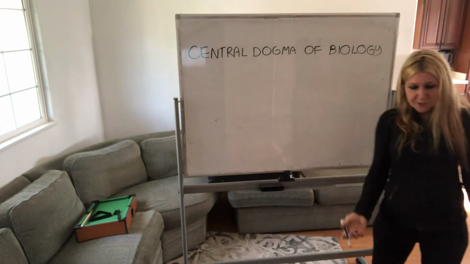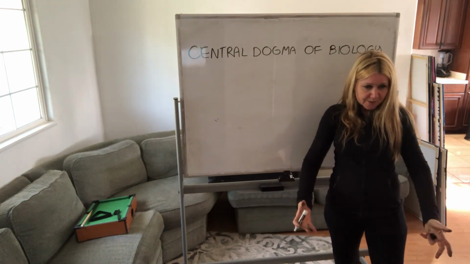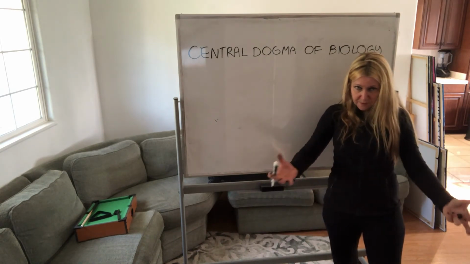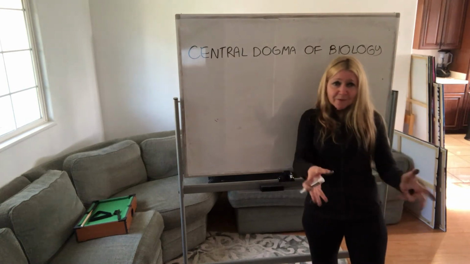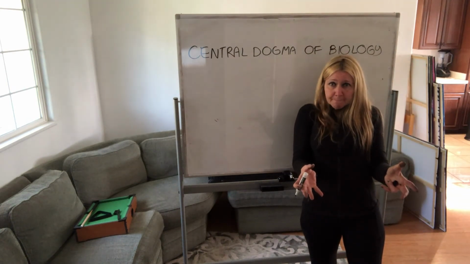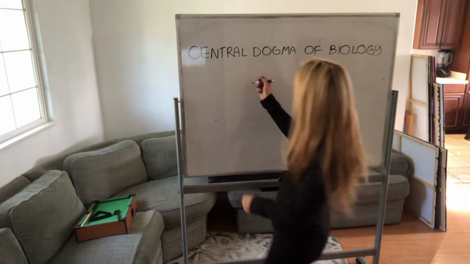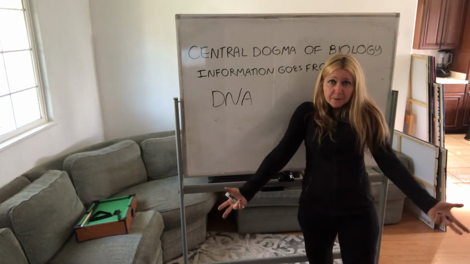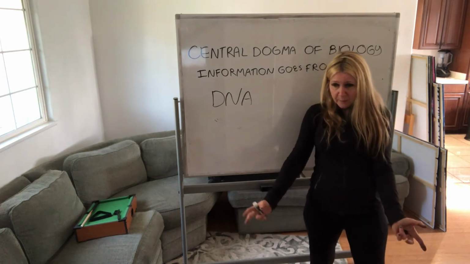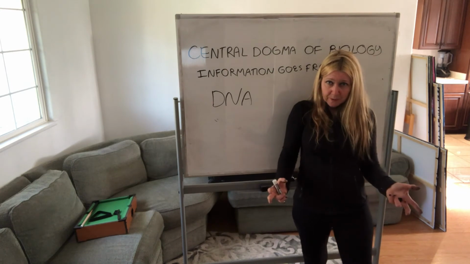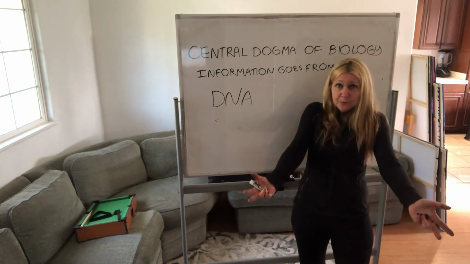The central dogma is the central theory or principle that really guides all processes in living things. So DNA is where it's at. DNA starts it. This is why DNA is so important, because it contains the information, the instruction manual to make the proteins.